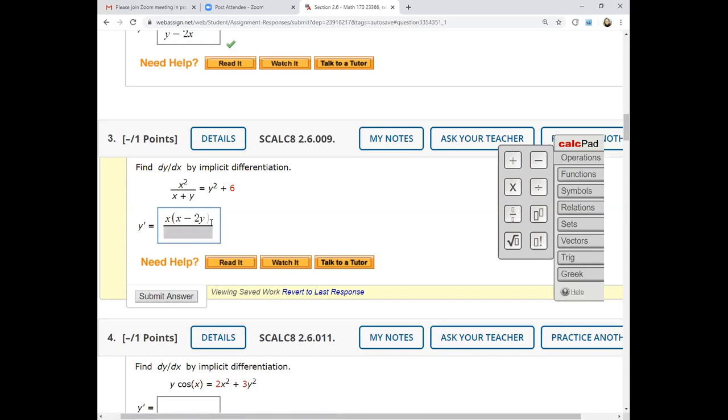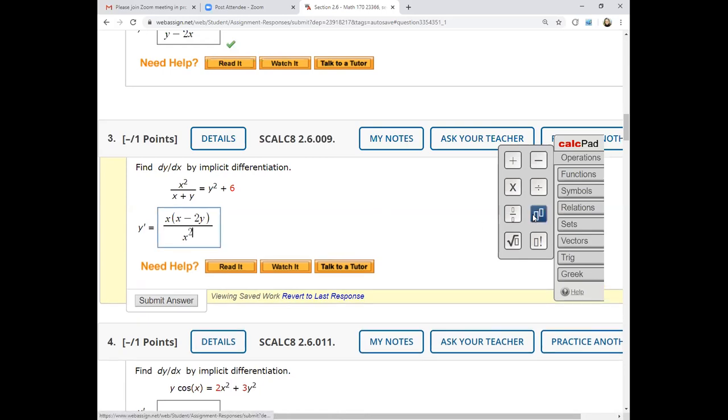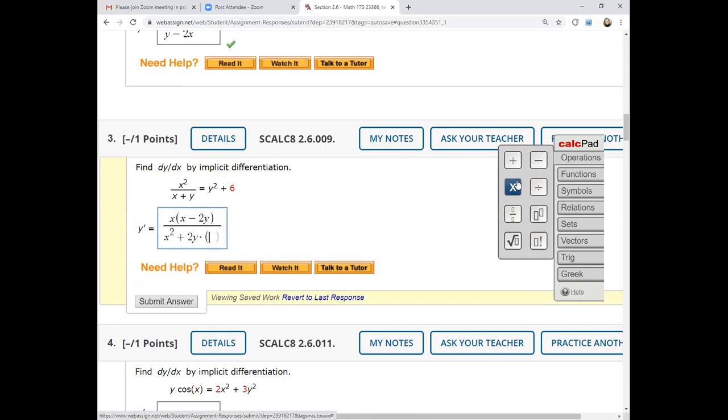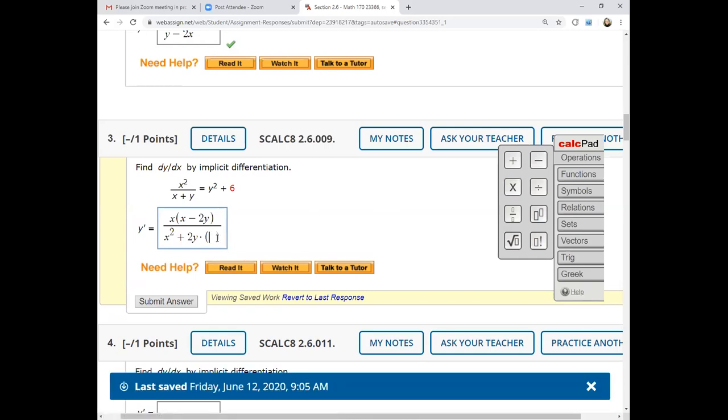Close parenthesis on top. There you go. Open paren. No, it has to be a paren. Okay. Oh, that's fine. I always forget that.